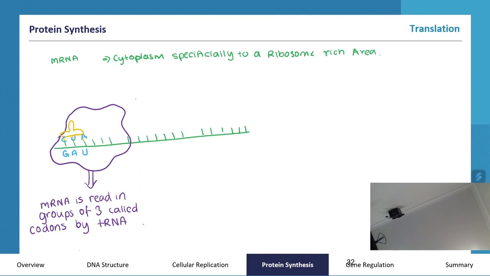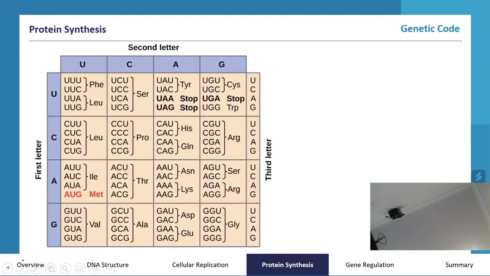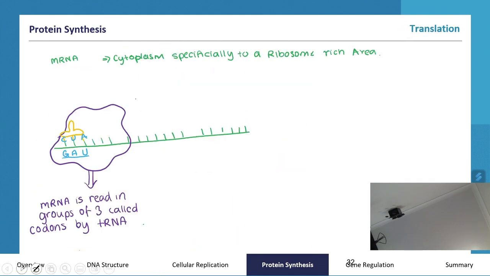The tRNA will then read the GAU codon and go, okay, GAU corresponds with, if I go back to the table from the start, GAU ASP. So that's the amino acid that it needs to create. And then off the top of the tRNA, we will get an ASP amino acid.